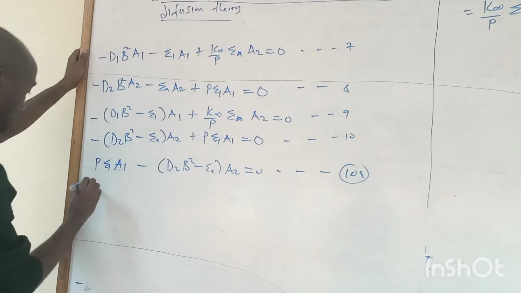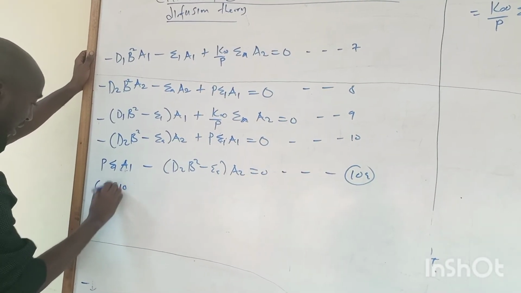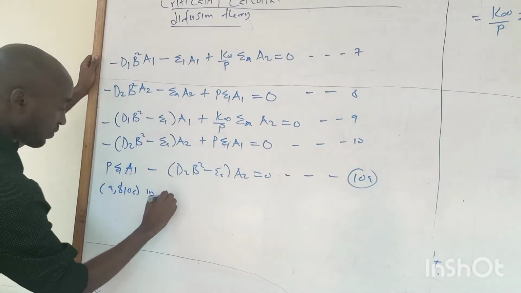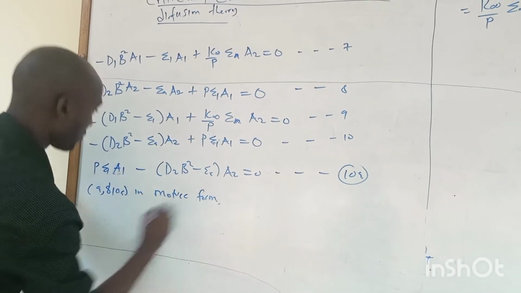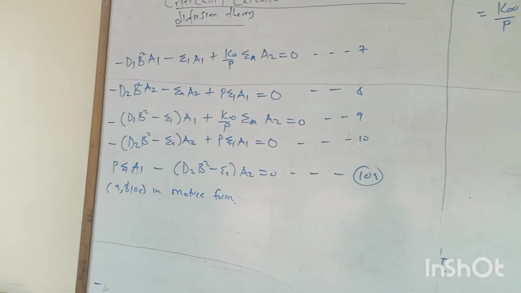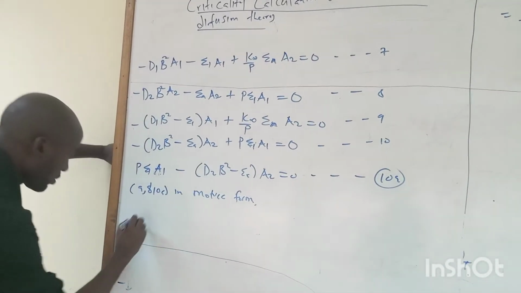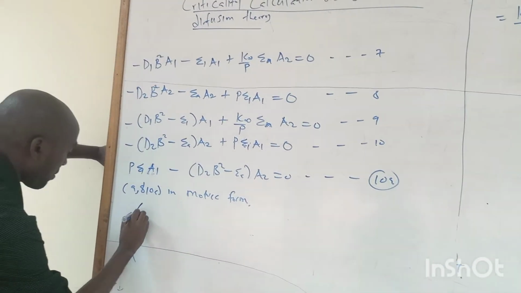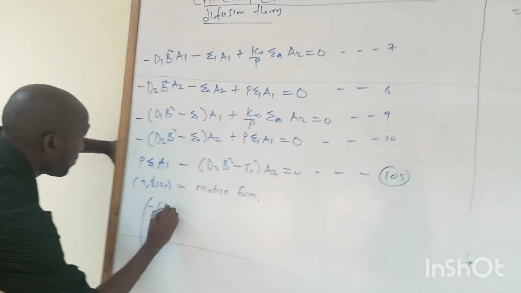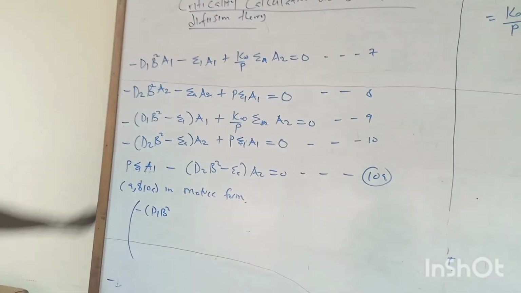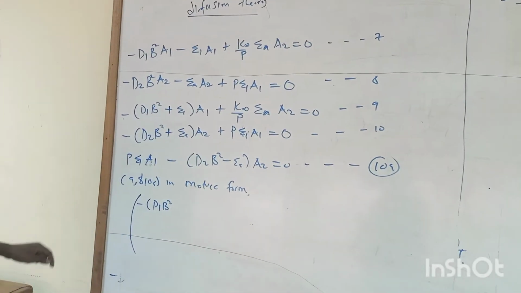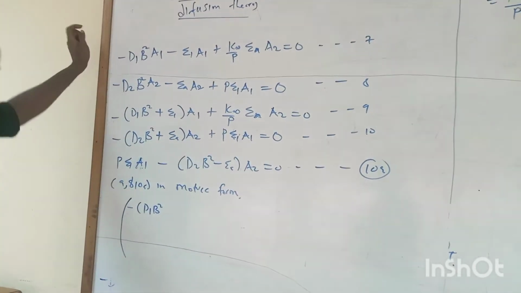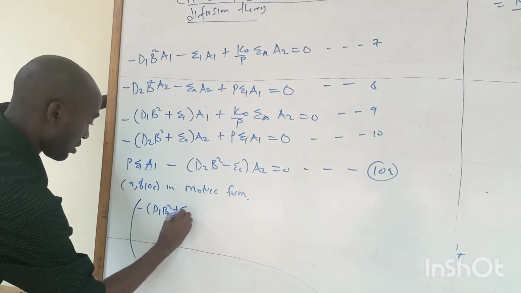I can put equations 9 and 10A in matrix form. And what will I have? I will have minus d1 b squared minus e1. I think the opposite will be plus, yeah, because there is minus, plus e1.